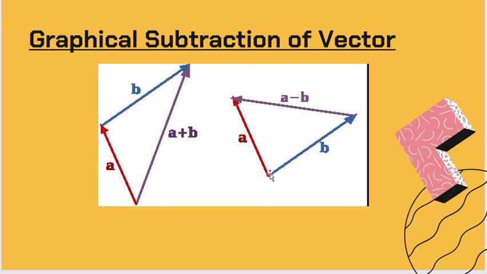So this is your point, that will be subtraction. A minus B will result in your given vector.